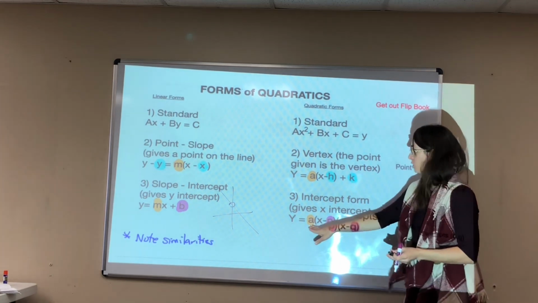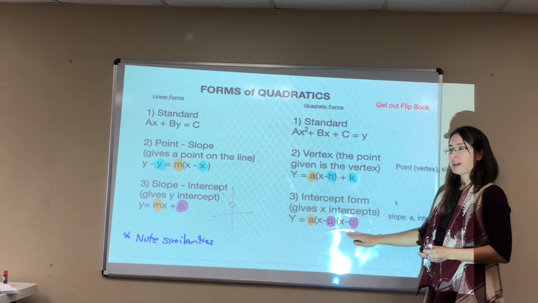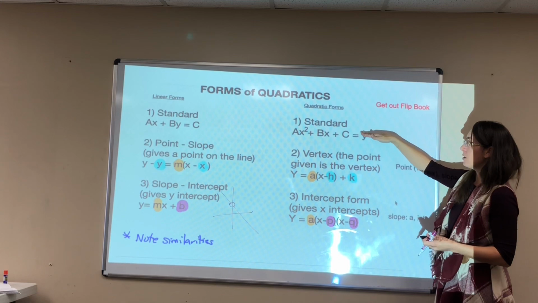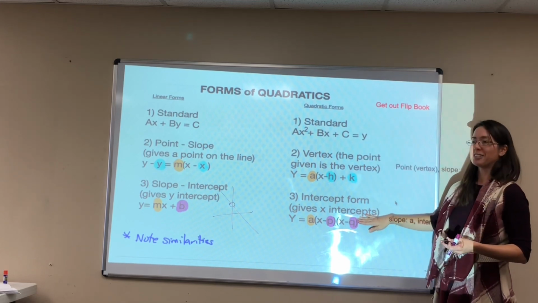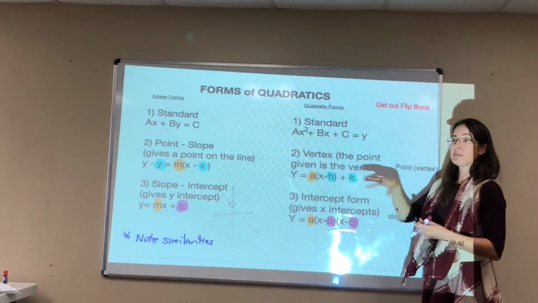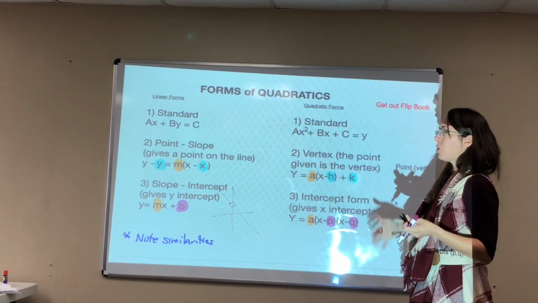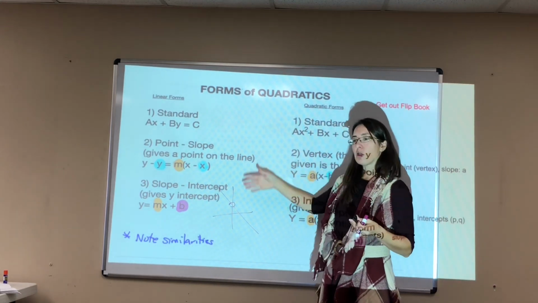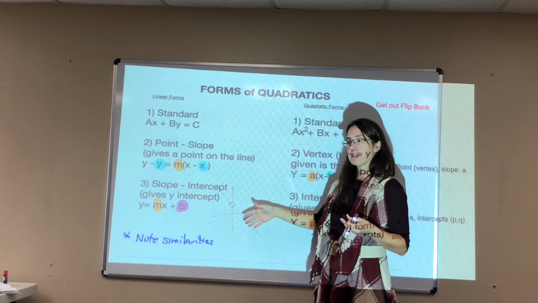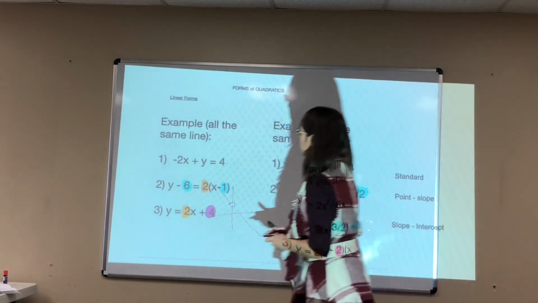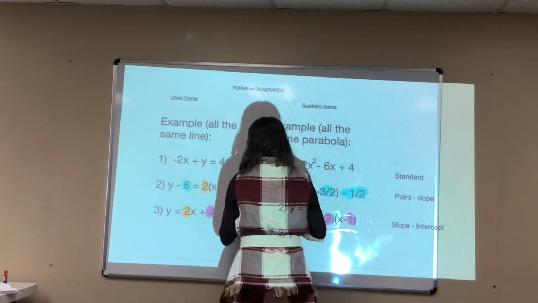But we still have slope, intercept. Same values, okay? So standard, point slope, slope intercept. We're looking at the same thing. We've just taken our straight line and we've curved it. So it makes sense that all of our formulas are basically the same, are valid across there, okay? So here's an example.